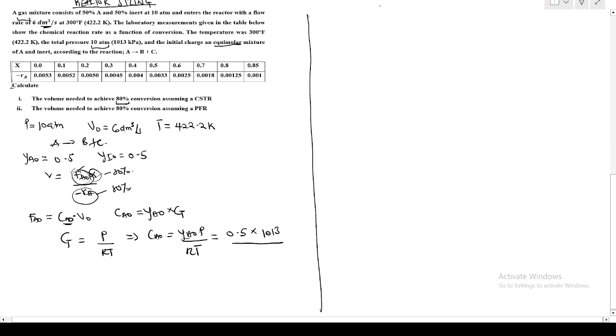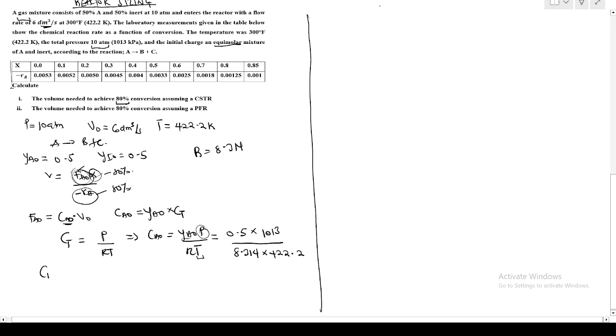And then our R, if your pressure is in kilopascal, then your R becomes 8.314. And then our temperature here should be in Kelvin, which is 422.2 Kelvin.